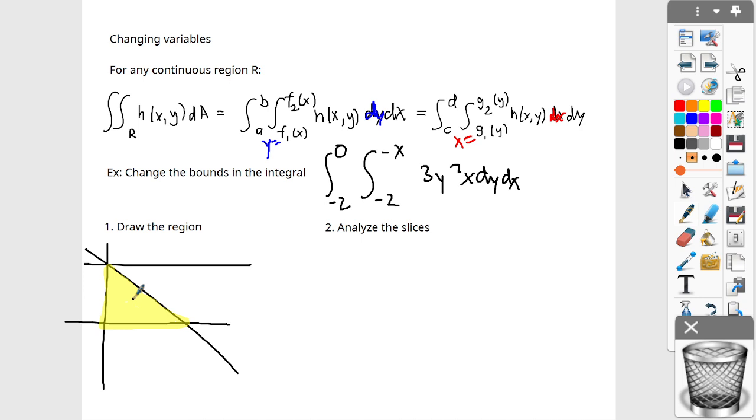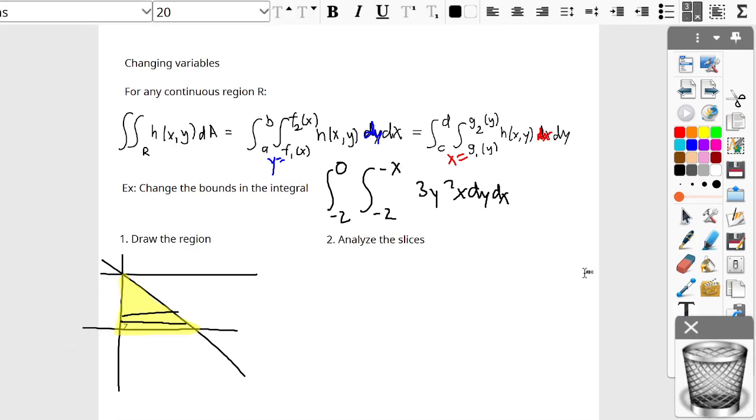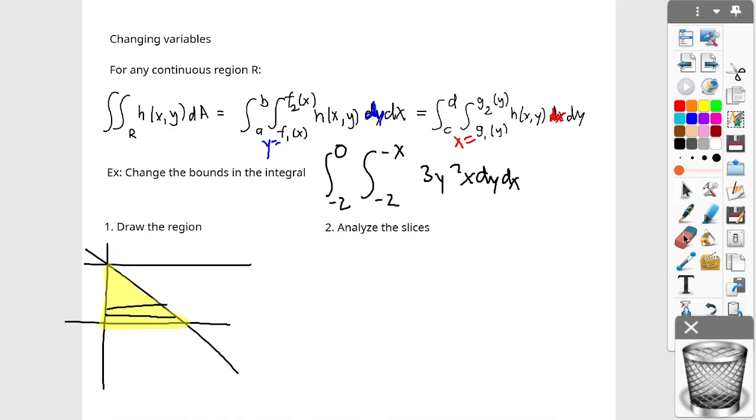So if we want to change the bounds, we have to stop that, and we have to add all of the slices from left to right now. And we also have to make them in terms of x, right? So how's that going to work? Well, let's see. So x is equal to.